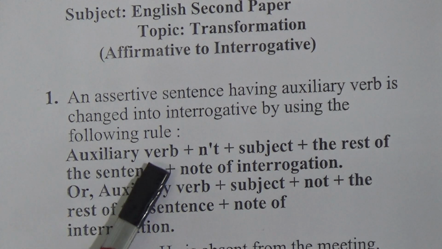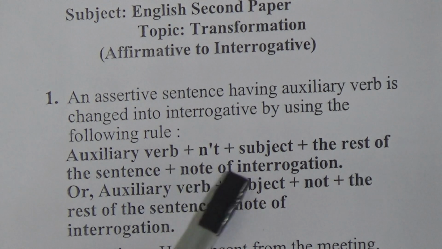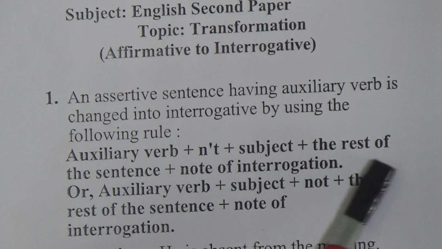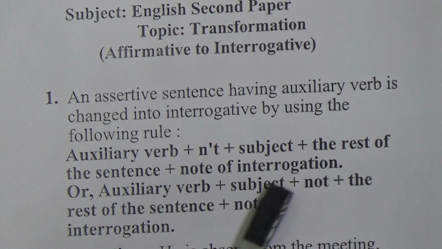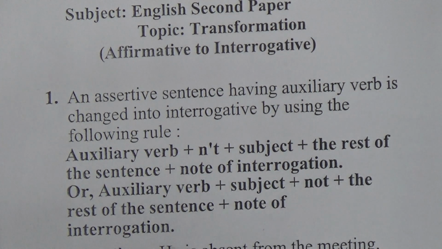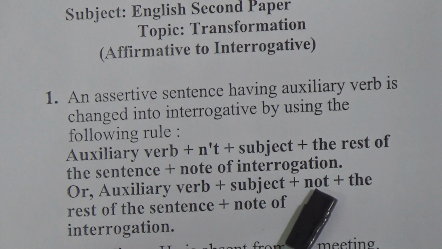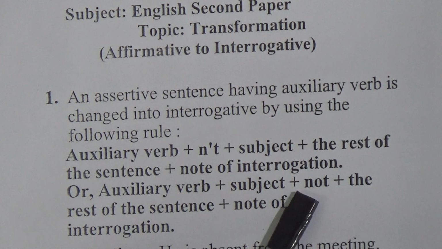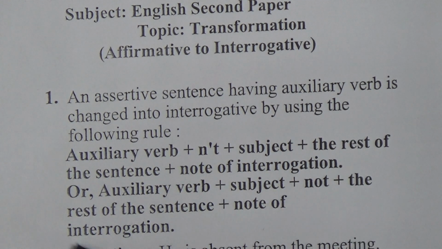Auxiliary verb plus not, plus subject, plus the rest of the sentence, plus the note of interrogation, that means the question mark. Or you can also follow this rule: auxiliary verb plus subject plus not, this is the full form of not, plus the rest of the sentence, plus the note of interrogation.